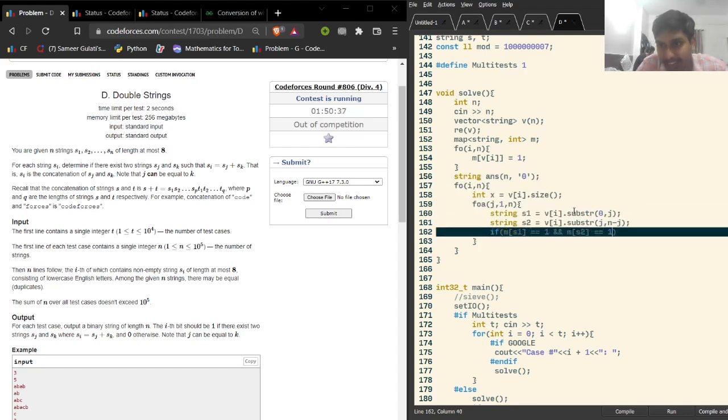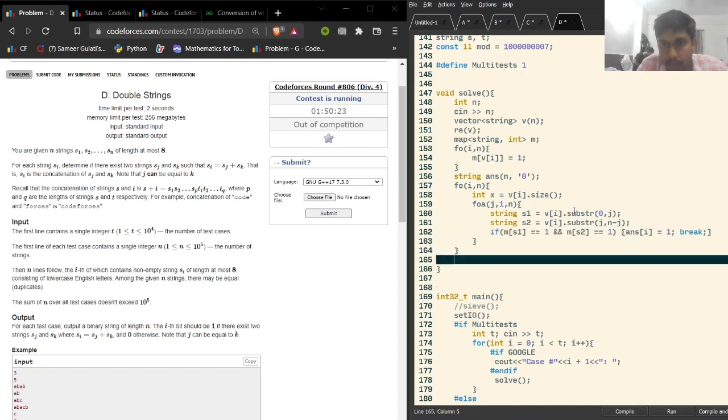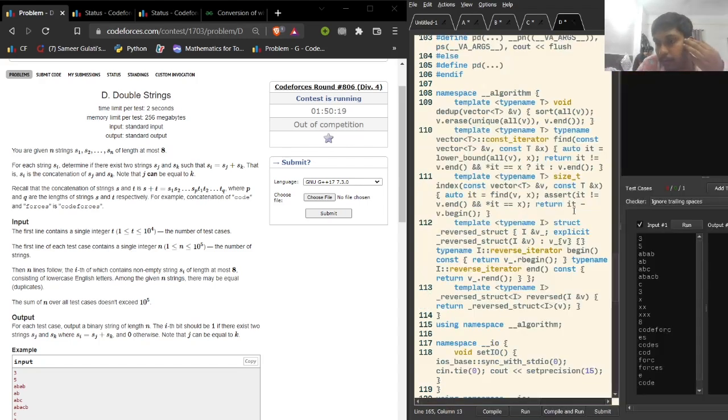I hope I'm doing that in the right order, but otherwise we'll just change it up. Answer of i is equal to 1. I could just literally break out of here instead of using unnecessary time. Yeah, and just print the answer. Should be good enough, if my syntax is correct.